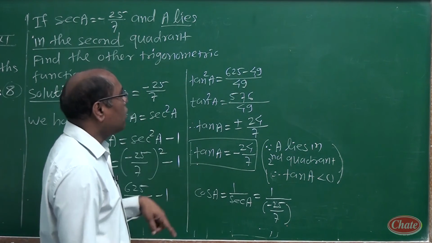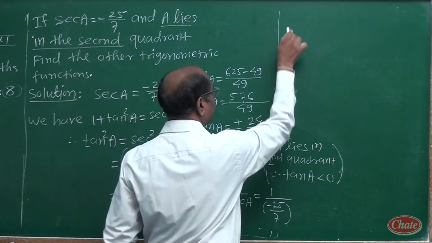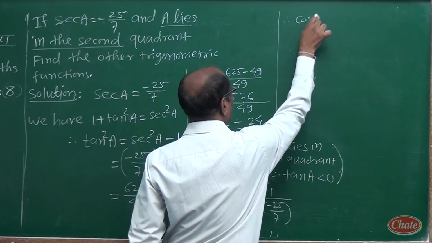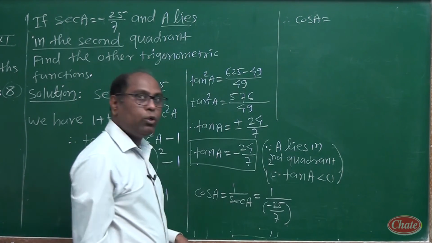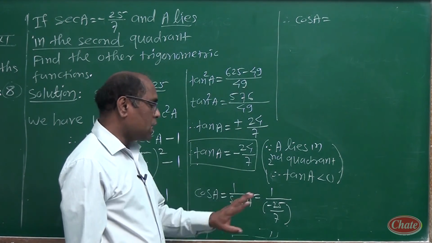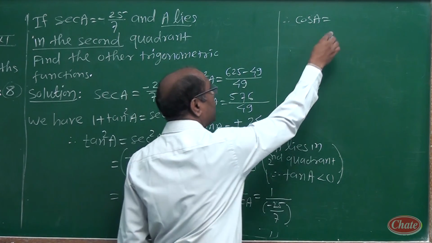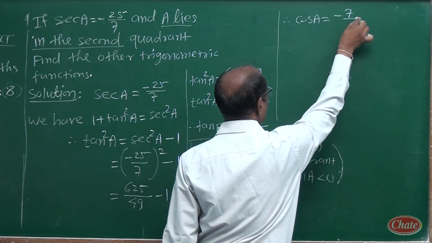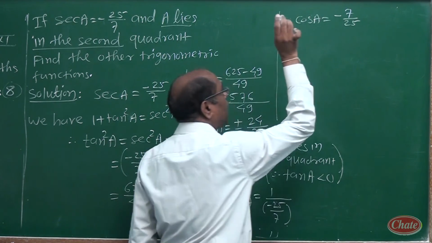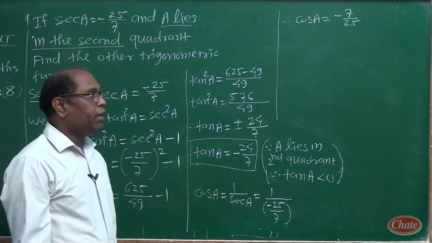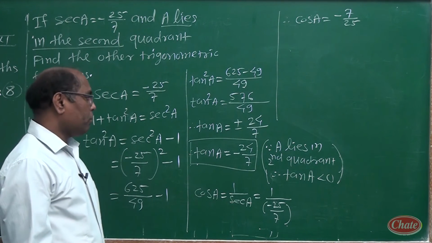And so therefore cos A is equal to the reciprocal of minus 25 by 7, that is minus 7 upon 25.